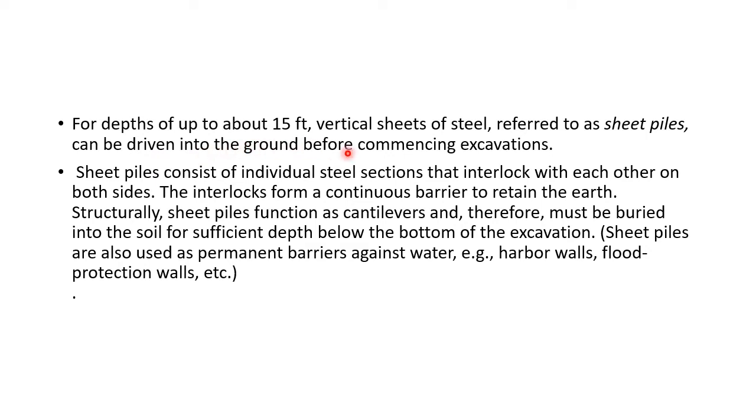For depth up to 15 feet, vertical sheets of steel referred to as sheet pile can be driven to the ground before commencing excavation. Sheet piles consist of individual steel sections that interlock with each other on both sides. The interlocks form a continuous barrier to retain the earth.